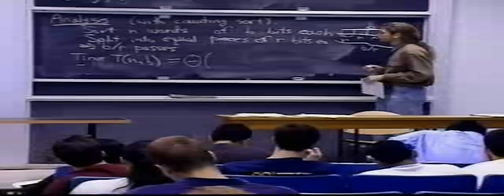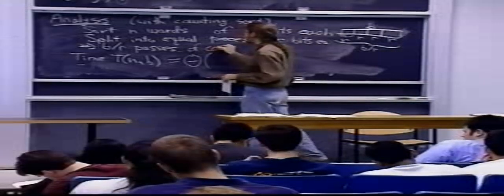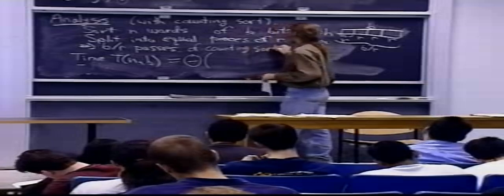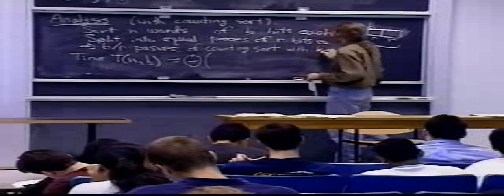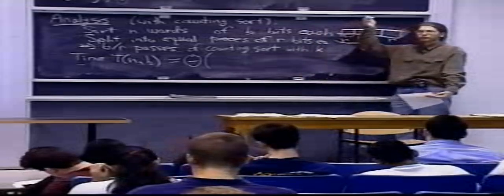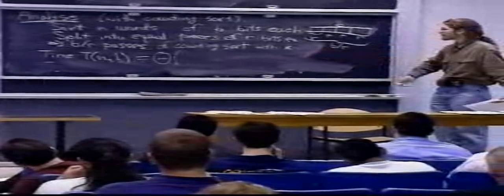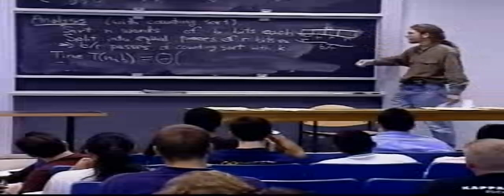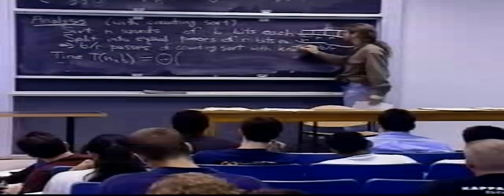Okay, so remember, we're doing b over r passes of counting sort. And what is the value of k in counting sort? K was the largest possible number, which here is... So how big can these digits get? 2 to the r. It's actually 2 to the r minus 1, but let's say 2 to the r.